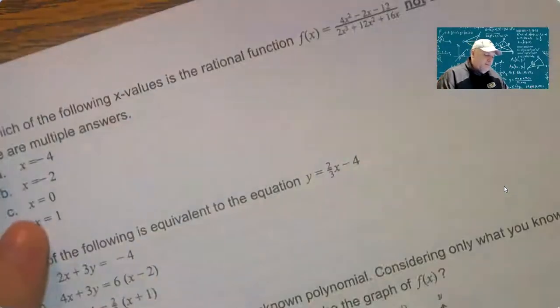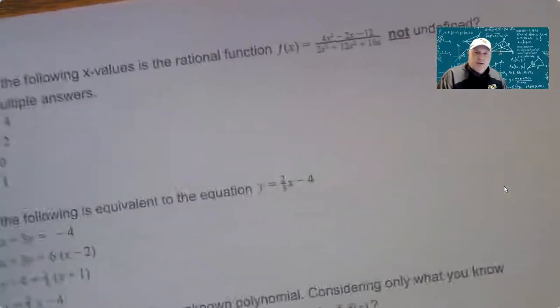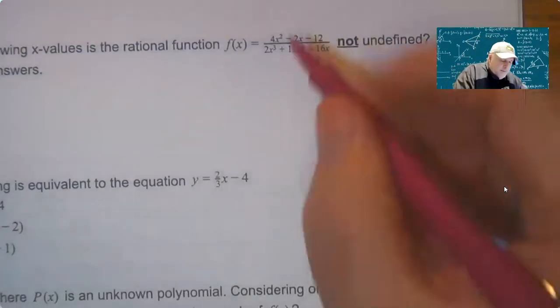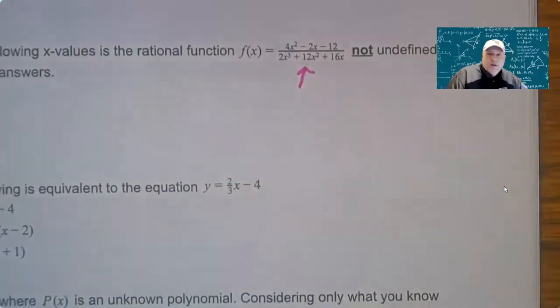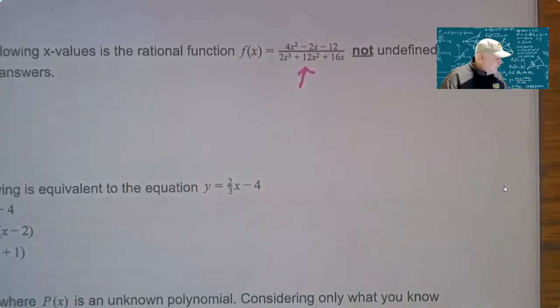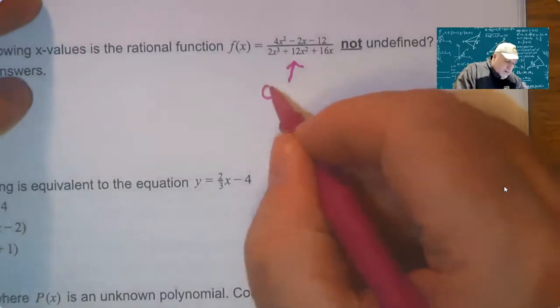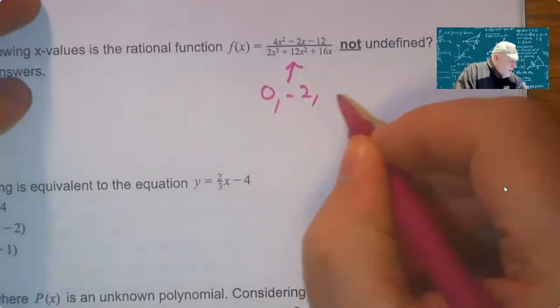Problem 7, for which x values is that not defined? So what we have to do is find the zeros of the bottom, and you can do that on the math portal site, but you need to know that that's what you have to do. You have to find the zeros. So those occur at 0, -2, and -4.